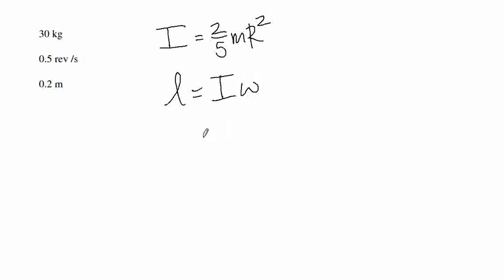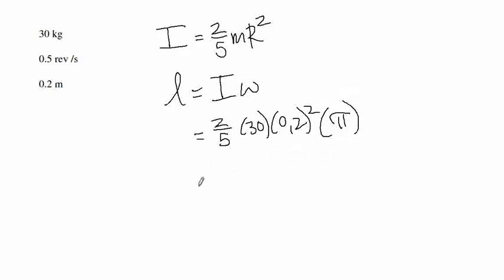And so now let's put it all together and see what we get. 2/5 times m, which was 30, times r squared, so 0.2 squared. The angular velocity, let's see, 1/2 revolution per second, that's pi radians per second, right?